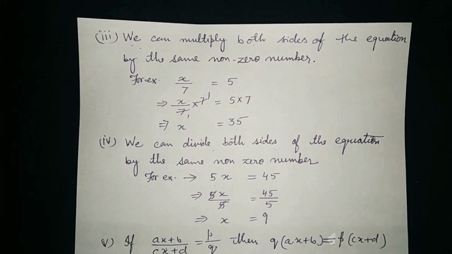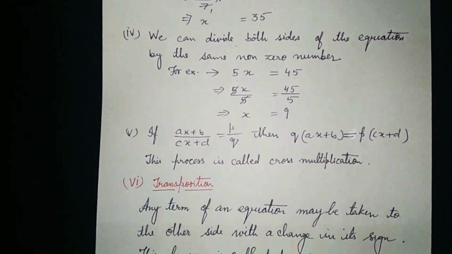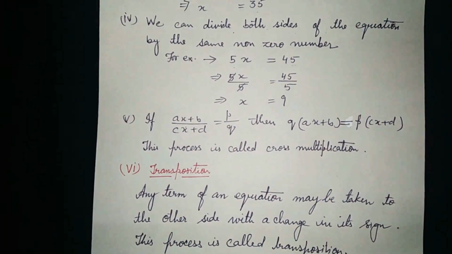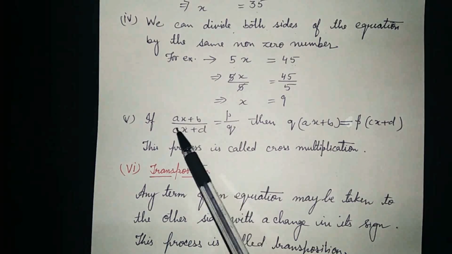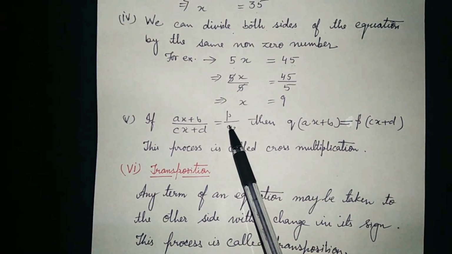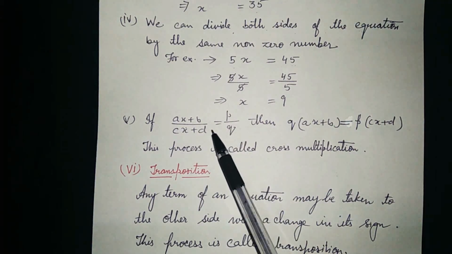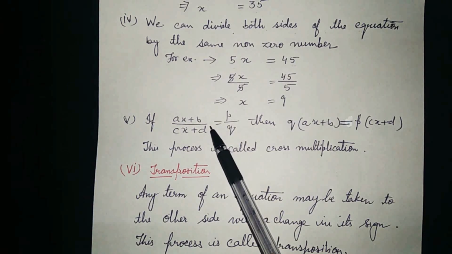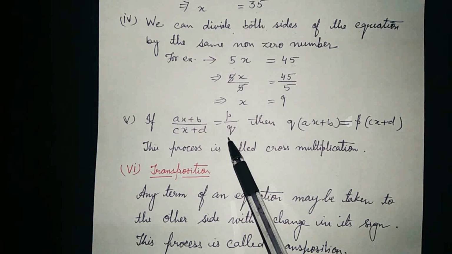Now see, if you get a linear equation of this type, here if (ax plus b) upon (cx plus d) is equal to p upon q, then what you will do? You will do cross multiplication if you get such type of case. Now see, how will you do cross multiplication?